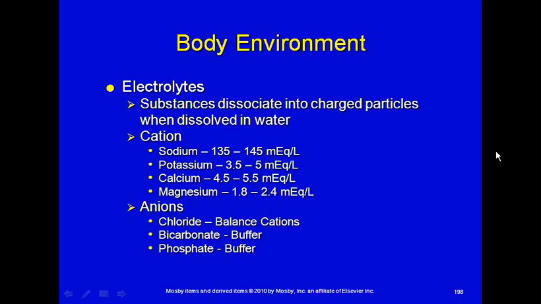Potassium levels are normally 3.5 to 5 milliequivalents per liter. Less than 3.5 is known as hypokalemia, and greater than 5 milliequivalents per liter is known as hyperkalemia, and it is K because the symbol for potassium is K.